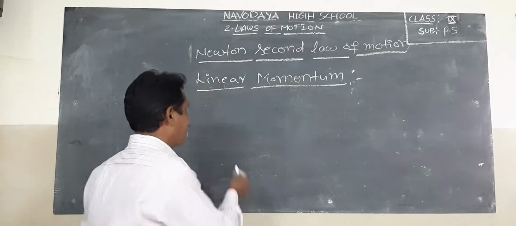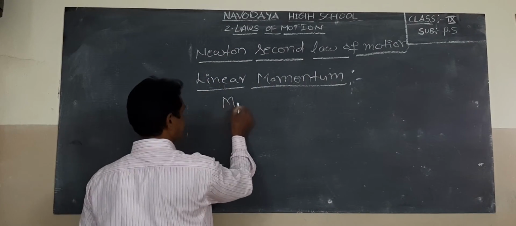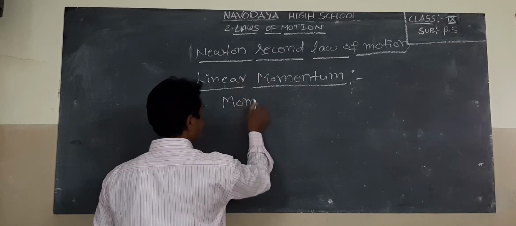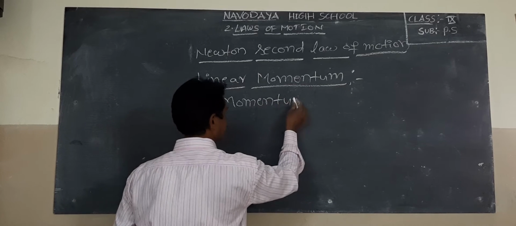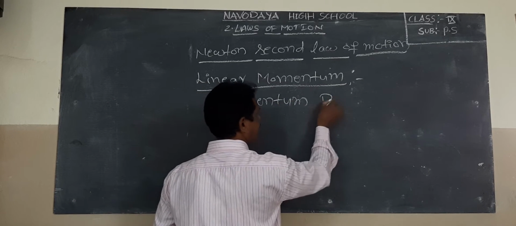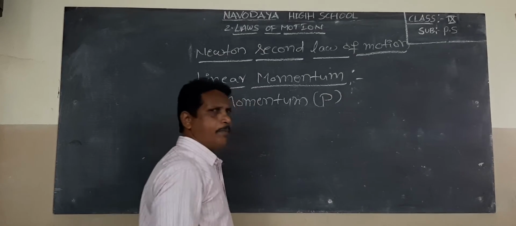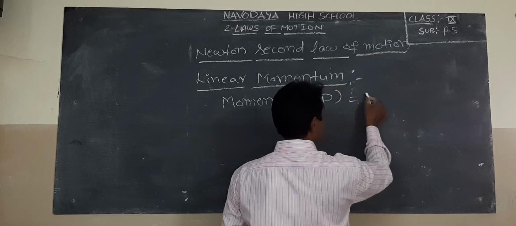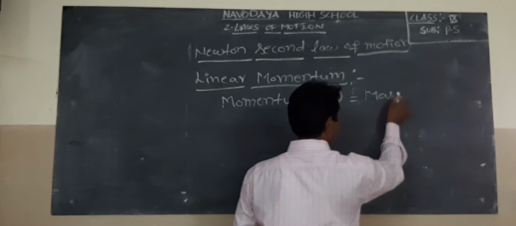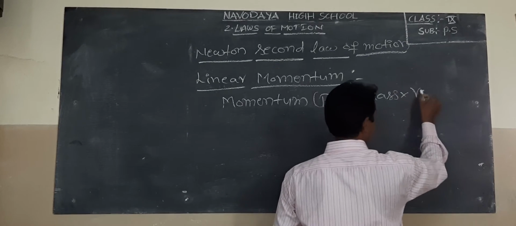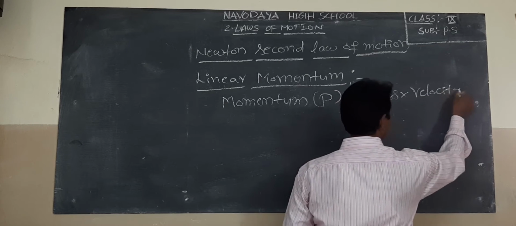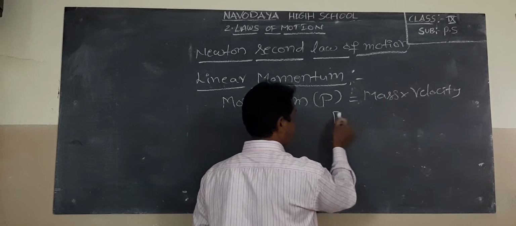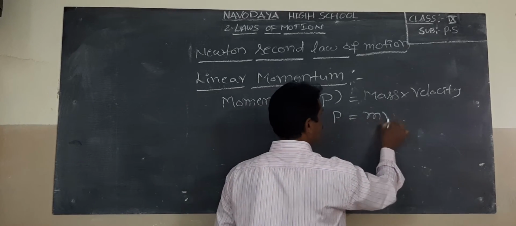Momentum is denoted by the letter P. So P equals m into v.